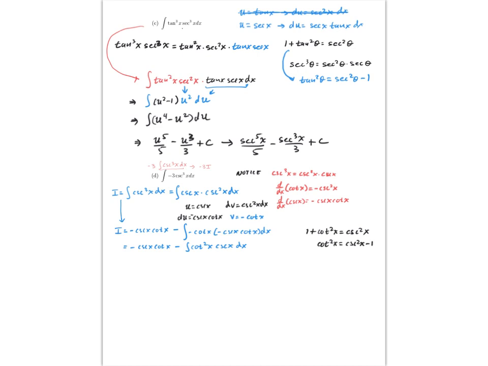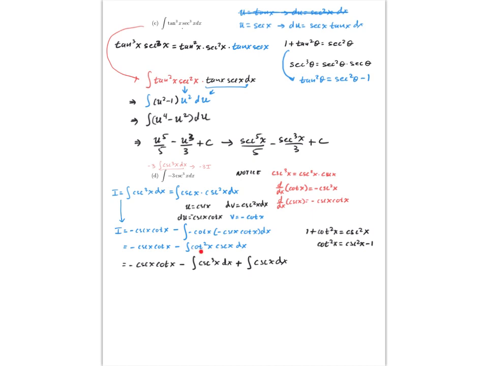Therefore, if you plug this in here, you'll end up with minus cosecant x cotangent x minus the integral of cosecant cubed x dx, and minus becomes plus the integral of just cosecant x dx.